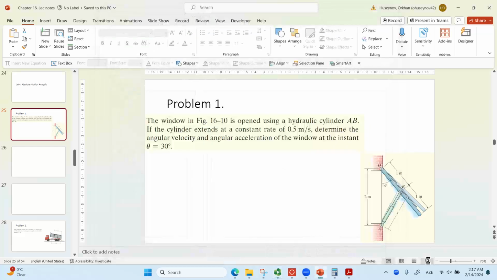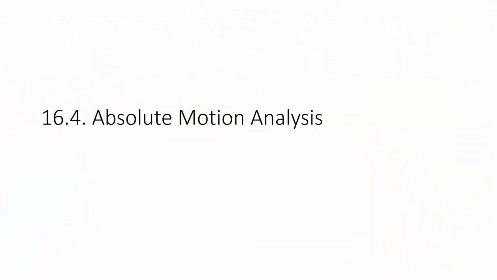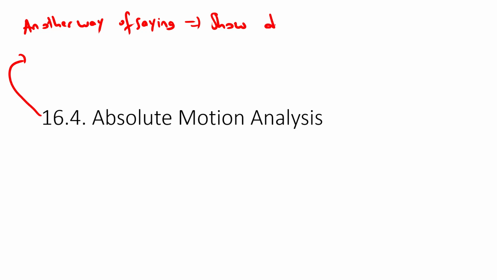Okay, so here I will talk about the absolute motion analysis. The absolute motion analysis is another way of saying that we show displacement S as a function of theta.